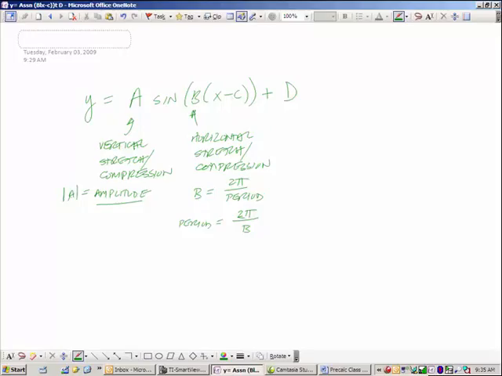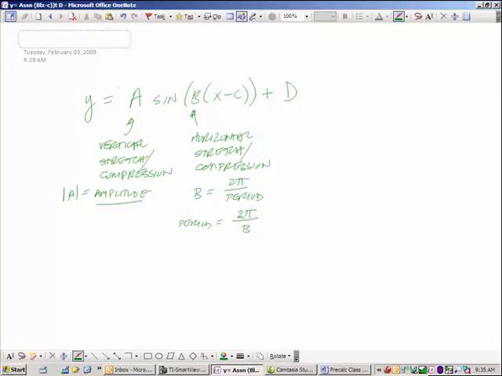As a matter of fact, what would happen if there was a negative in front of the A? What would that do to the function? Flip it. It would start going down over the x-axis, and when we shift it more, it's going to be over the midline when we talk about that. Now, we're not ready for that yet, though.